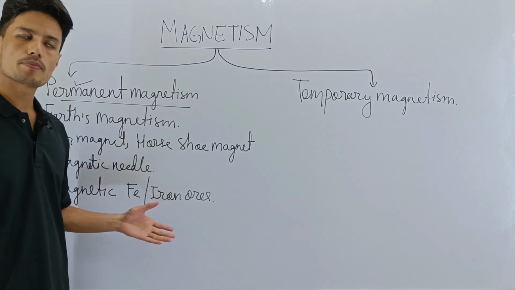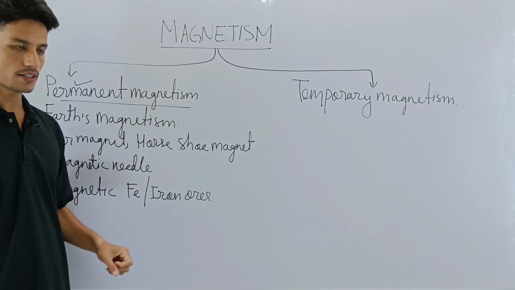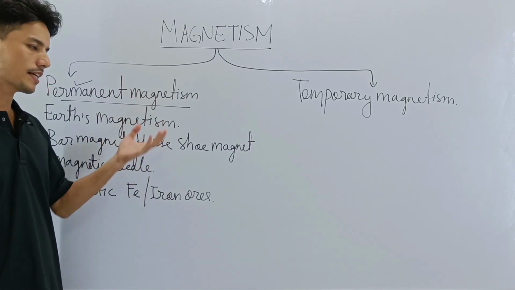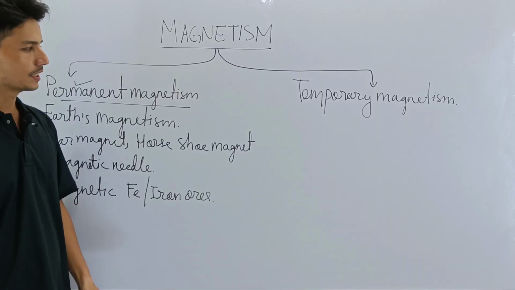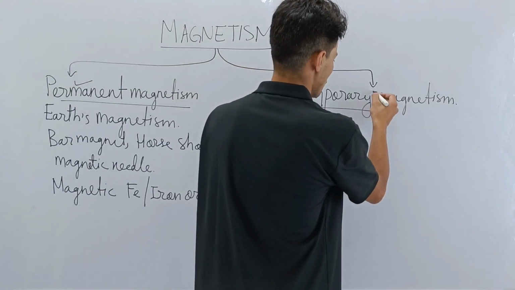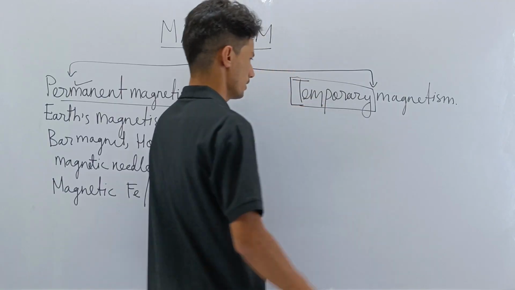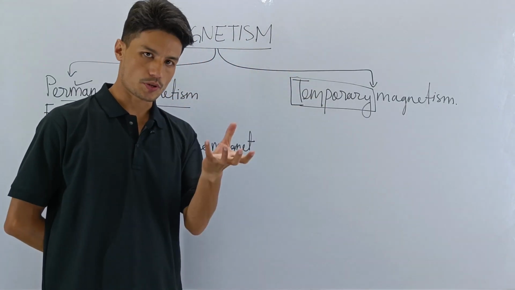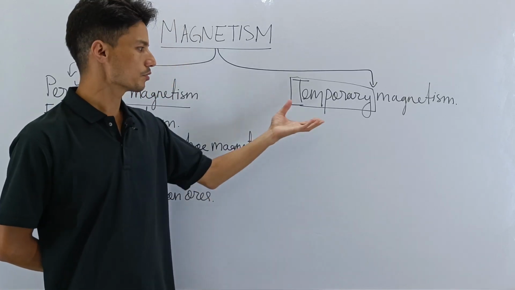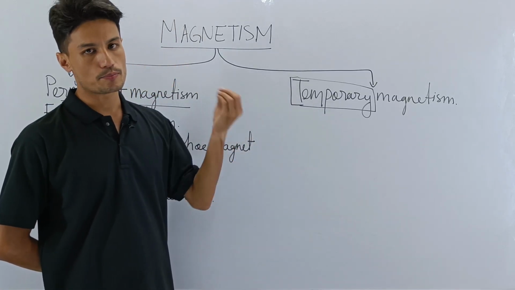Their magnetism is permanently fixed. That means they will always exhibit magnetism. Now let's move to temporary magnetism. As the name suggests, temporary means their magnetism will only be for a short amount of time. So let's learn about temporary magnetism.